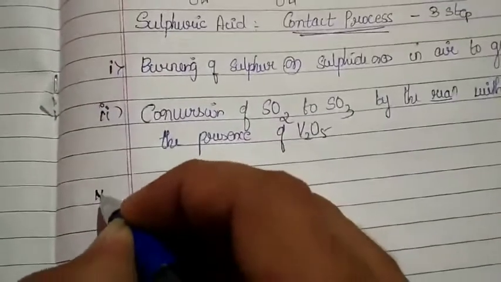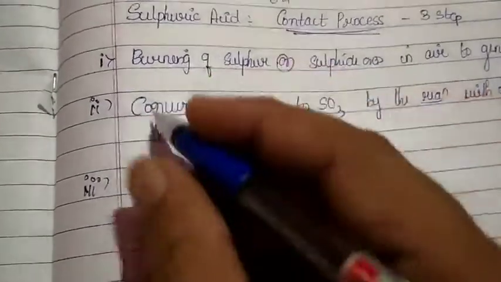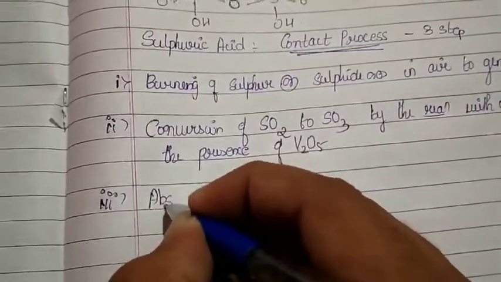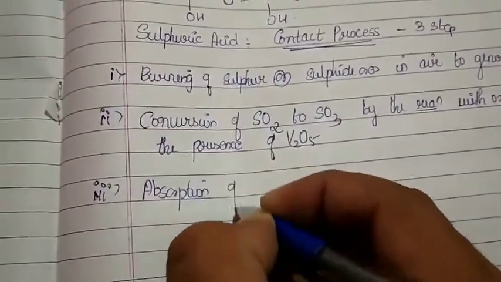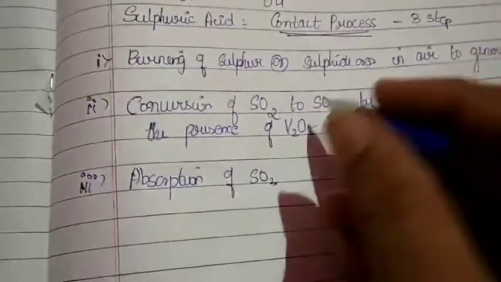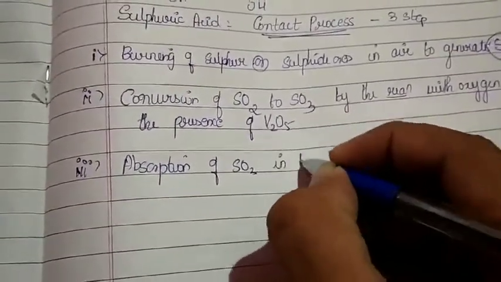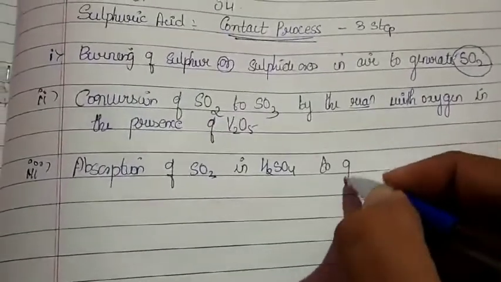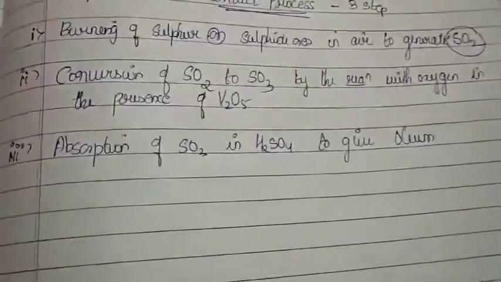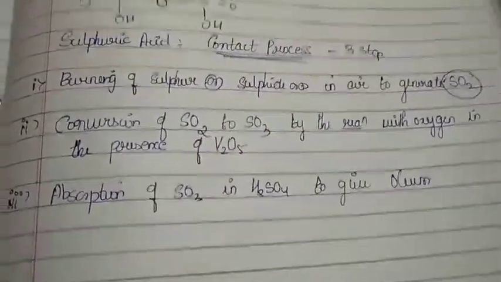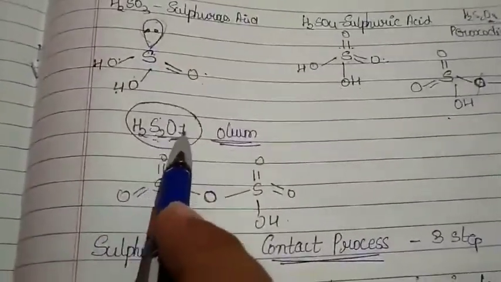The third important reaction is that whatever SO3 has been obtained undergoes absorption, that is, it is absorbed in H2SO4 to give oleum. The same oleum which we saw in the oxo acids of sulfur, H2S2O7.